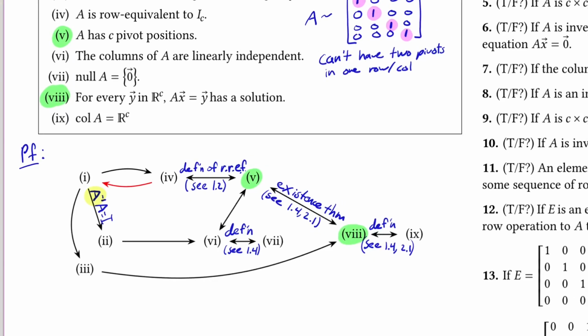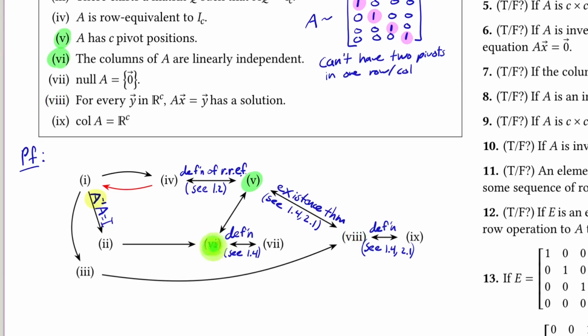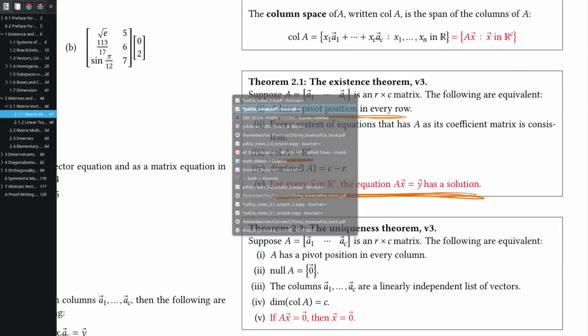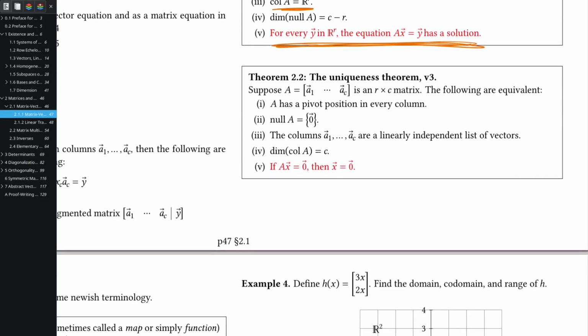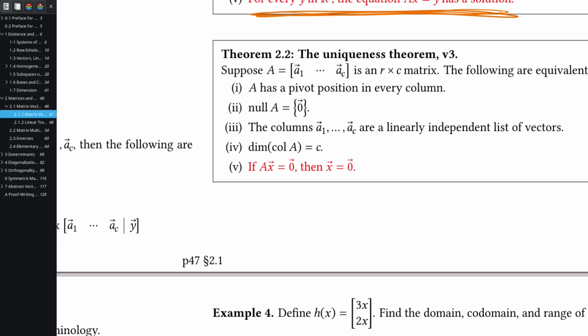So yeah, having a pivot in every row means this is always consistent, but how do you know it's unique? That's what thing 6 says. And let's look at the uniqueness theorem. Oh, here's a convenient version of the uniqueness theorem.